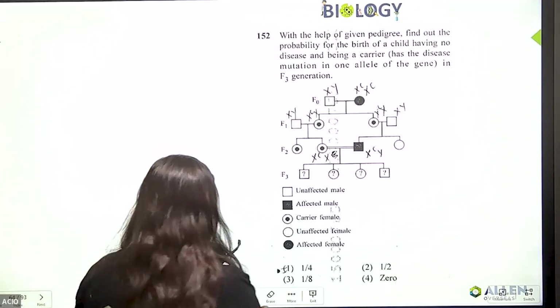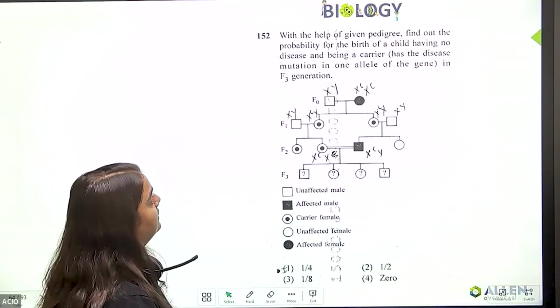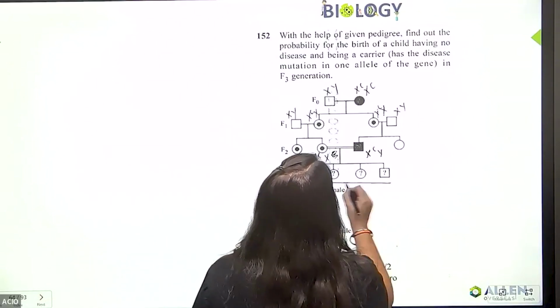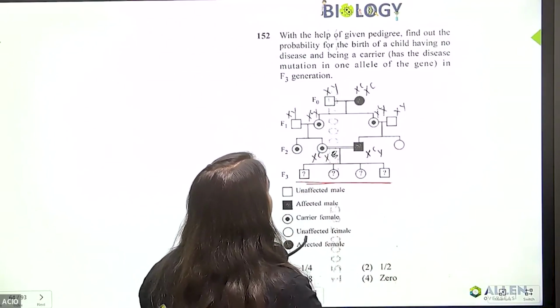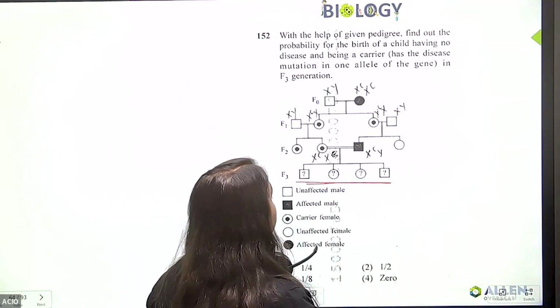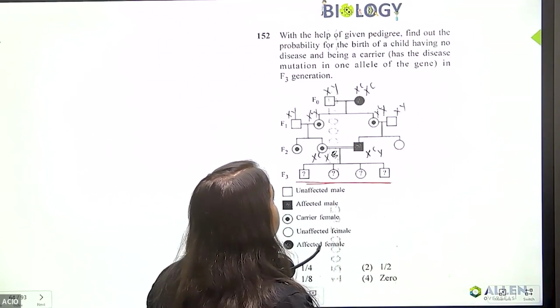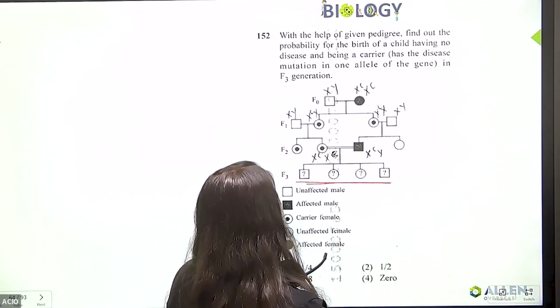Okay, let's solve the pedigree. Over here, they are asking about the F3 generation. They are asking about the combination. With the help of the given pedigree, find out the probability for the birth of a child having no disease and being a carrier, that has the disease mutation in one allele of the gene. So we have to find out the carrier. Who can be the carrier?